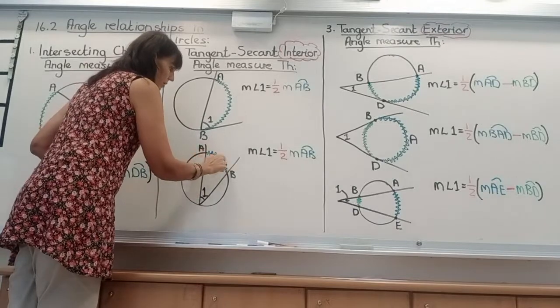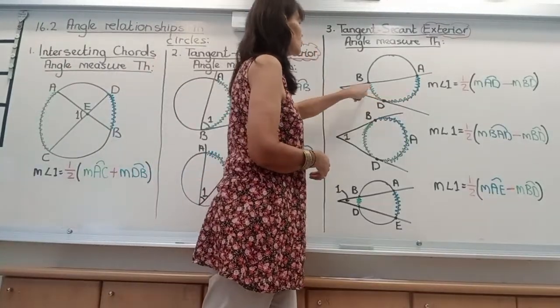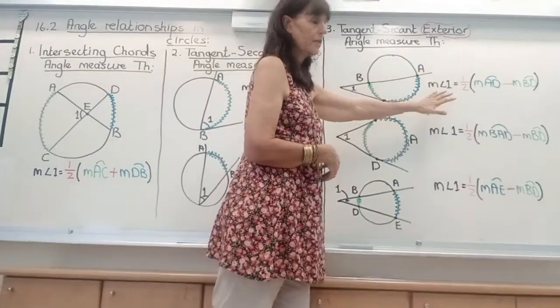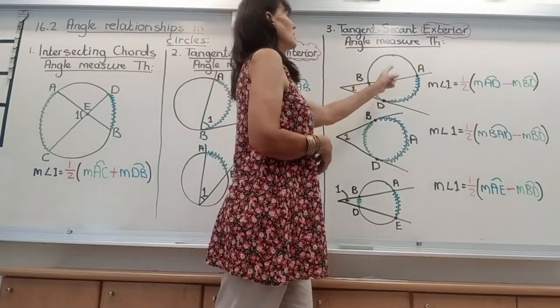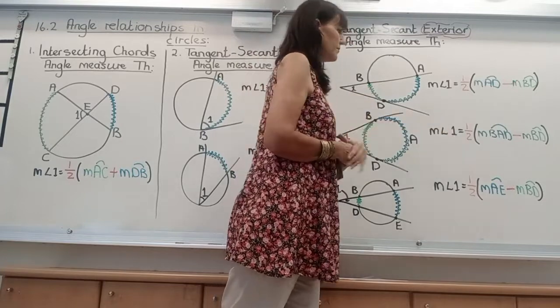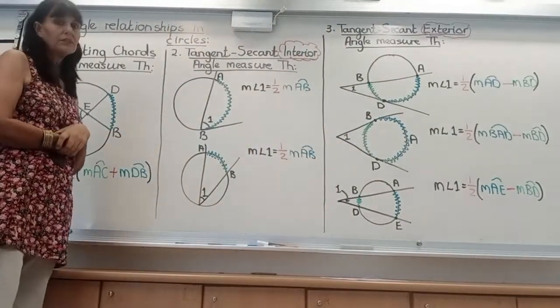By the angle, half of that arc. When it's exterior and we have two arcs, then the outside one, the measurement of the outside minus the inside one, half of it. Outside minus inside, half of that. Okay? We're going to take a look at some examples in the next video.